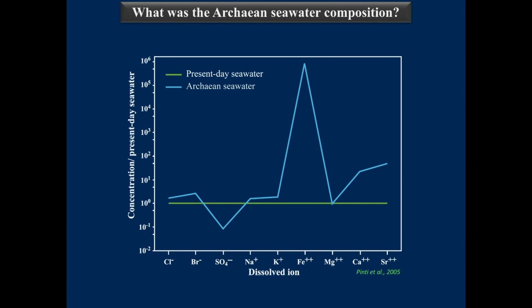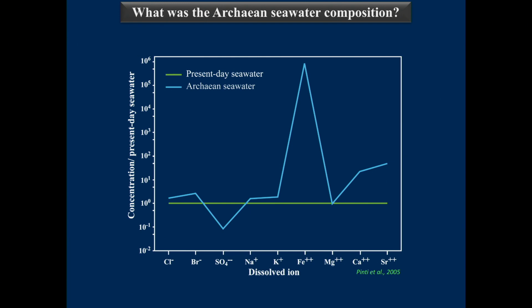But before looking at the differences, there are some points that are more or less identical. If we look at chlorine, bromine, sodium, potassium, magnesium, this is more or less the same concentration as today. So for these elements, the concentration of ions was more or less the same as today. But the big differences are for sulfate, iron, calcium, and strontium.